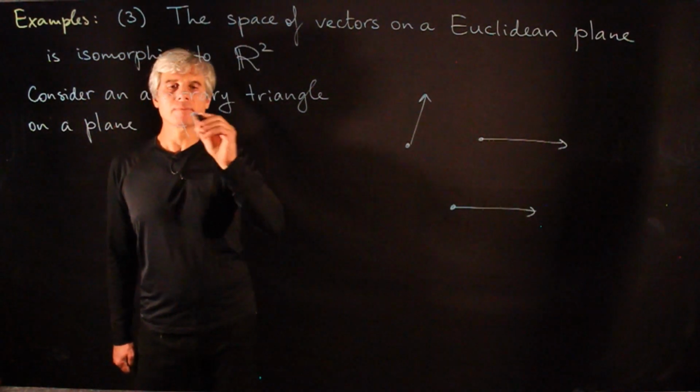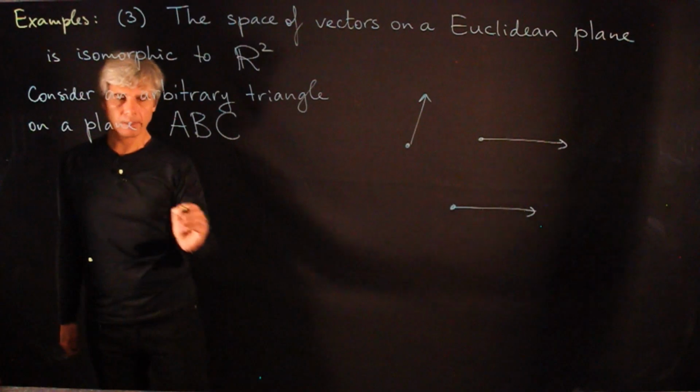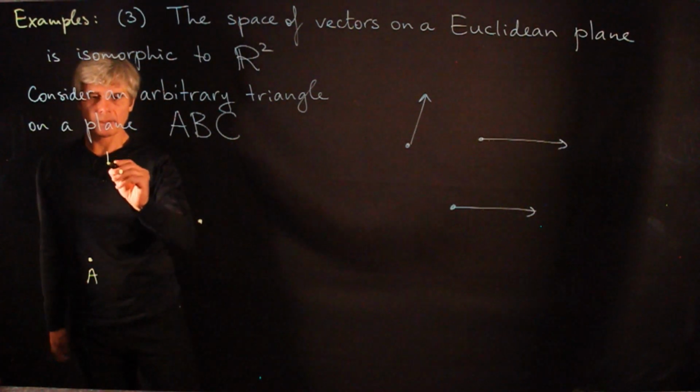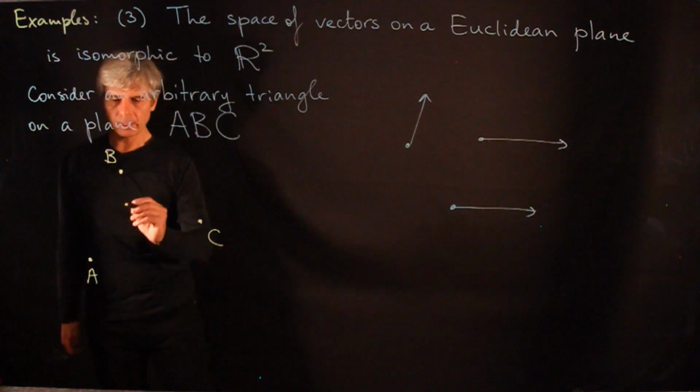So ABC. So we take any three points that are not on the same line, and we consider this triangle.